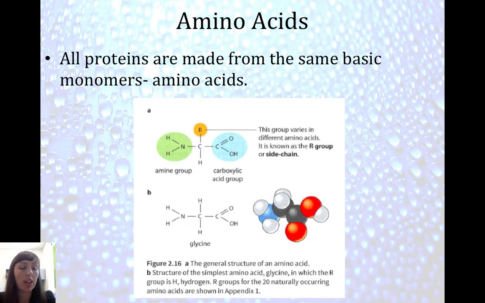So the structure is complex, but all proteins are actually only made up of about 20 different amino acids, just in many, many different combinations. Every amino acid has the basic structure shown here, consisting of carbon, hydrogen, oxygen, and nitrogen, and this is called the backbone of the amino acid.